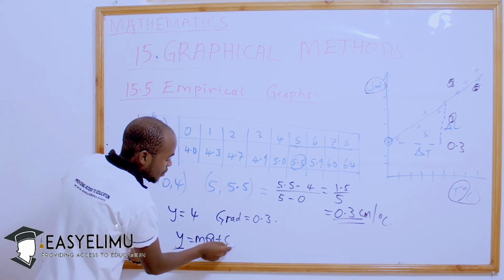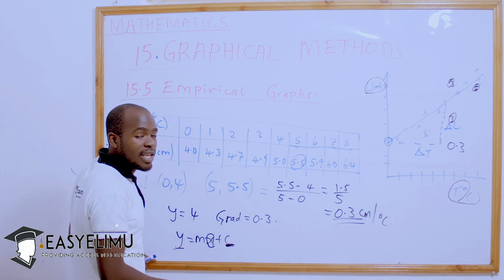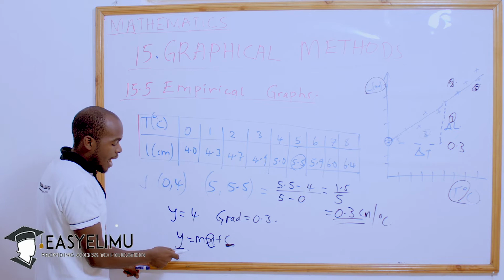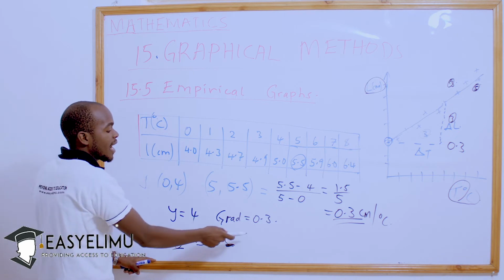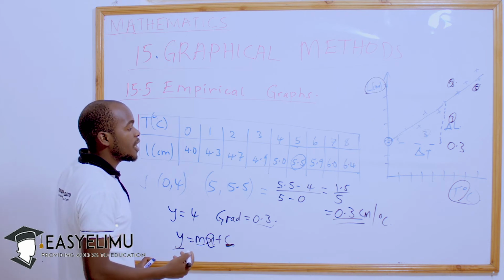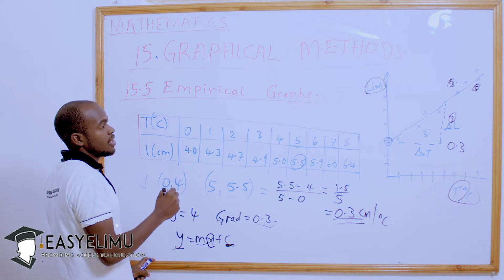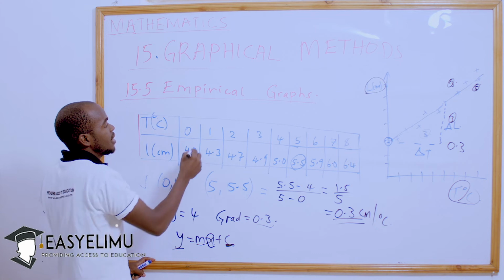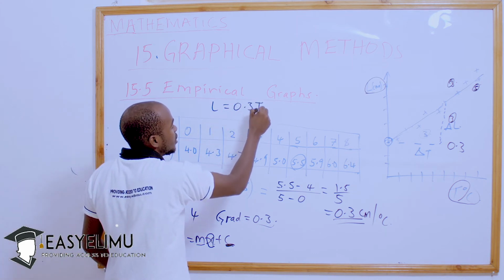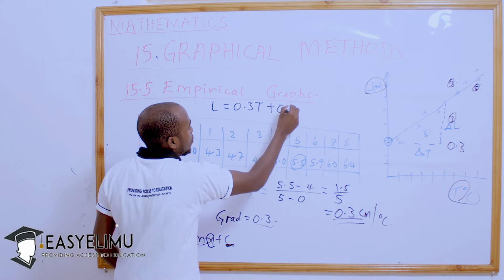This c here is normally the y-intercept, and that we have here as 4. And m here is the gradient, which we have as 0.3. So we can confidently say that the linear relationship between L and T is that L is equal to 0.3T plus 4.